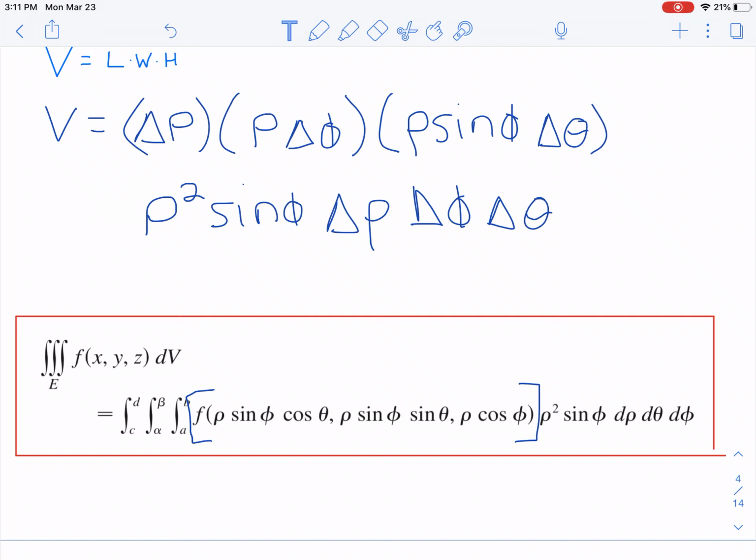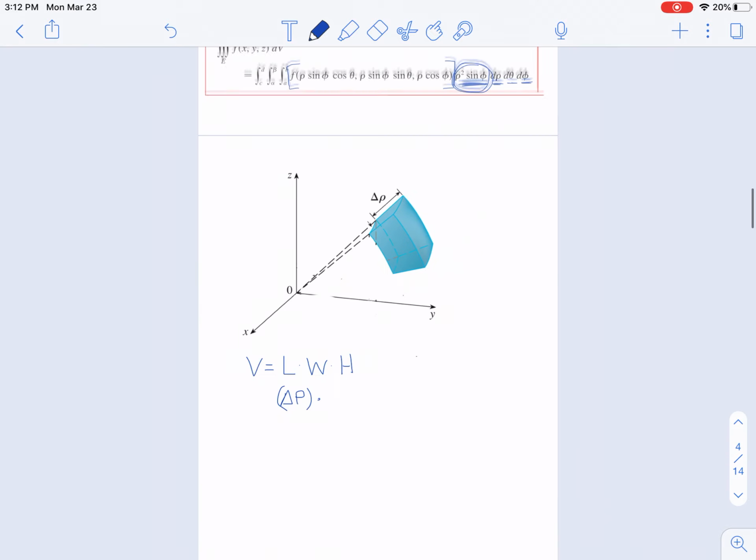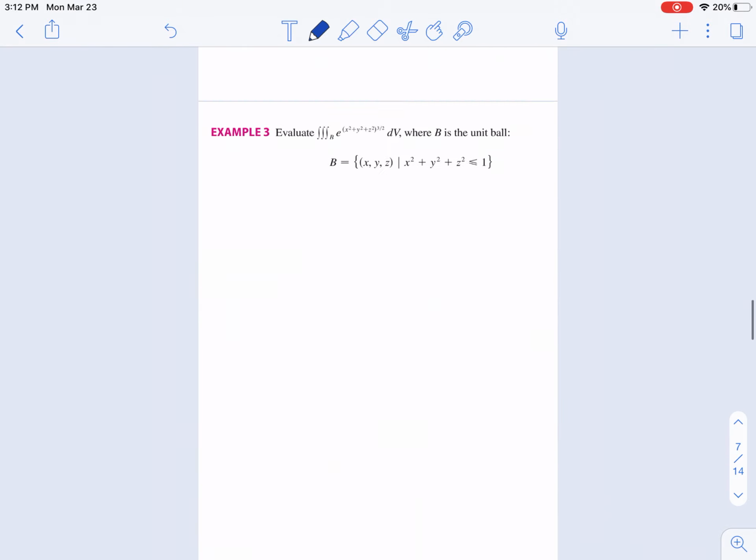So anytime you do this, you got to multiply by this thing at the very end. And so once we convert, we're going in terms of rho, theta, and phi in our integrals, but we need this thing in here, just like we needed r with cylindrical and polar coordinates. All right, so those are our three things.